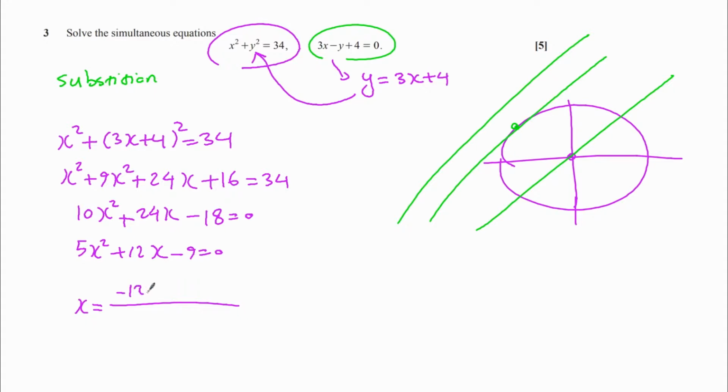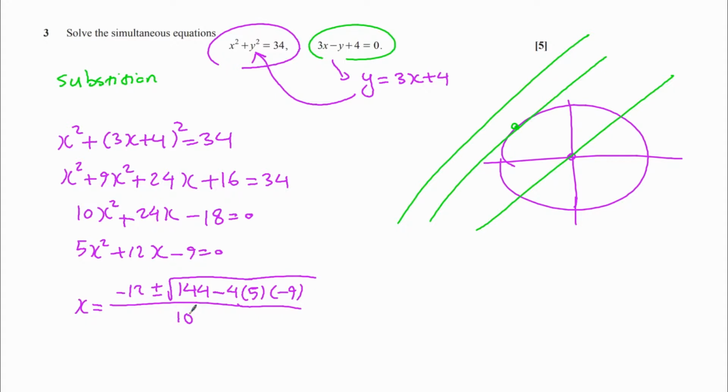So this would be minus 12 plus minus square root of b squared, which is 12 squared, would be 144. Now minus 4ac. So I'm going to do minus 4 times a, which is 5, and times c, which is minus 9, divided by 2a, which is 10. 5 times minus 9 is minus 45, times minus 4 is plus 180, plus 180 and 144.